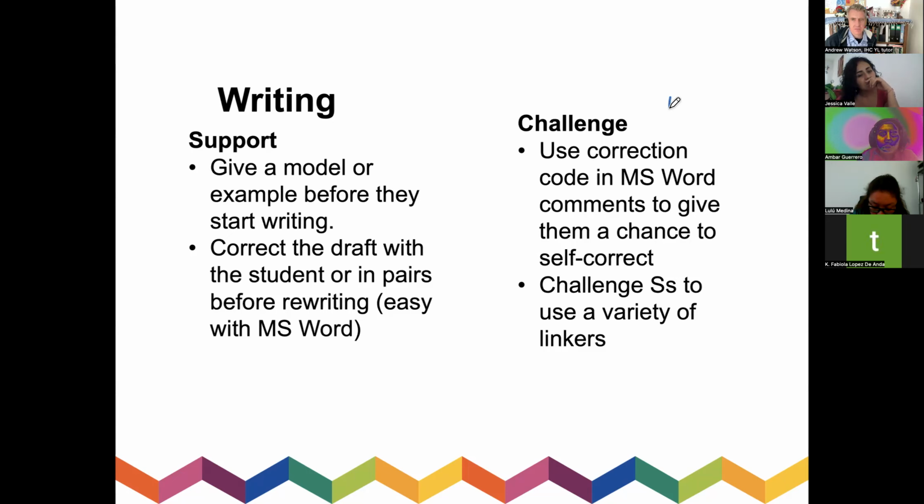It's good. For example, you could say WO, word order, right? So there's something wrong with word order there. Can you correct? Challenge students to use a variety of linkers, such as also, however.